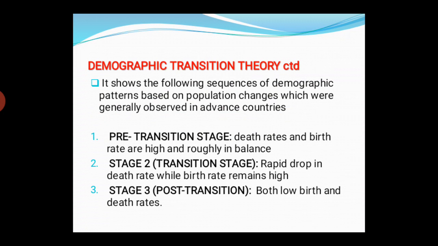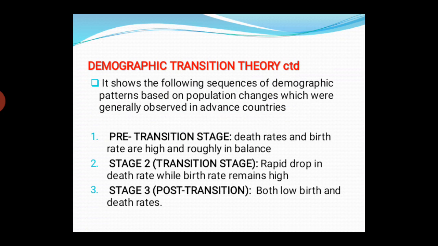There was no modernization then, no development, no advancement. So there tends to be a hike in death rate, and at the same time in birth rate, and this affects the standard of living in this era.